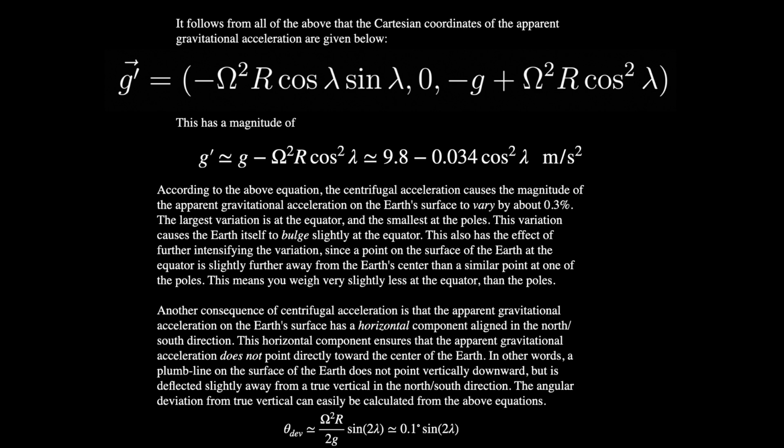And the twice the latitude comes from a trigonometric identity: the cosine of an angle times the sine of an angle, plus the sine of the other angle times the cosine of that angle, is equal to the sine of angle plus angle. So if they're all the same angle, then sine of 2 lambda equals cosine lambda times sine lambda, divided by 2. That's where the divided by 2 part comes from.